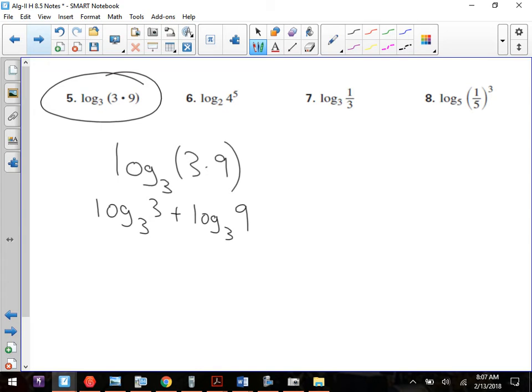What's log base 3 of 3? 1. And how can I write 9 as a base 3? 3 squared. What's log base 3 of 3 squared? What's 1 plus 2? That's what it allows you to do. Or could you have done it a different way? What's 3 times 9? What's 27 written as base 3? There you go.